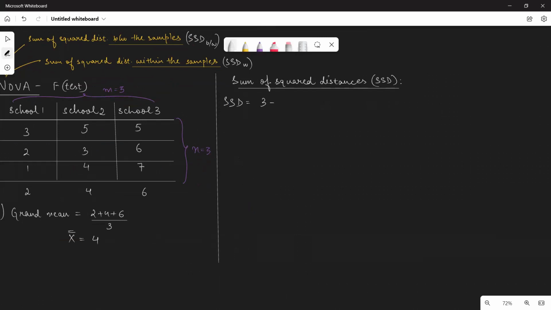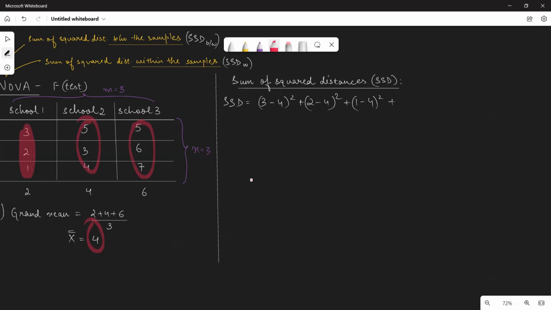So 3 minus grand mean, that is 4, whole square, plus 2 minus grand mean whole square, plus 1 minus grand mean whole square, plus the same thing for this column also, and then for this column.